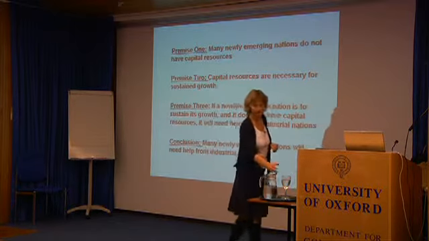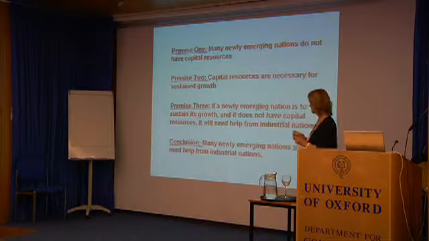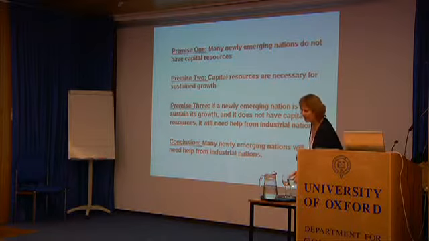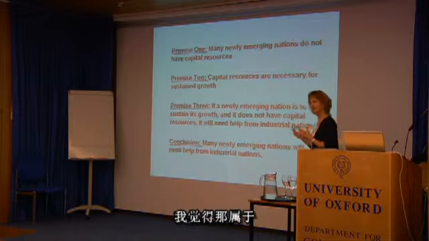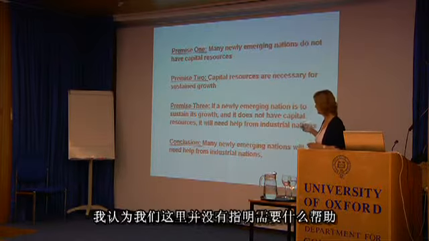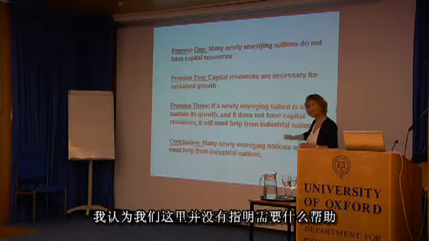Isn't there another suppressed premise in there, which is that industrial nations are the only source of capital resource? That would be a case of putting in a suppressed premise too far from my perspective. And I think that's because we haven't specified what help they need here.